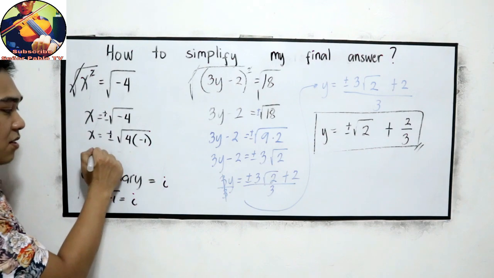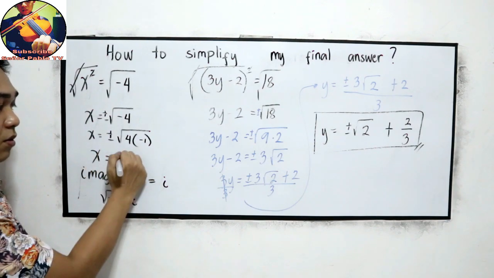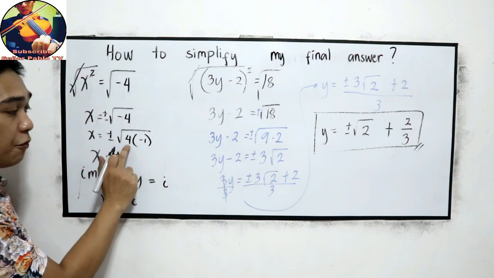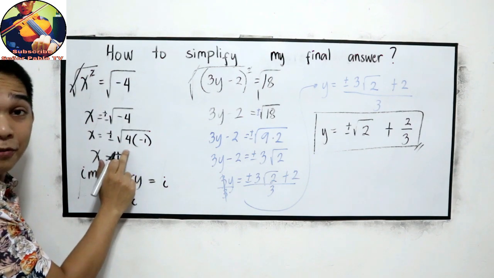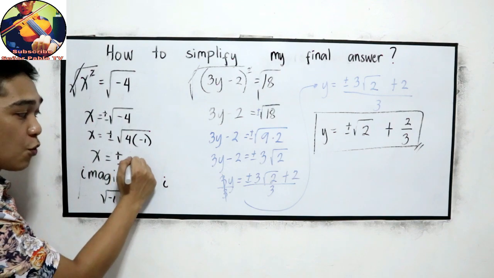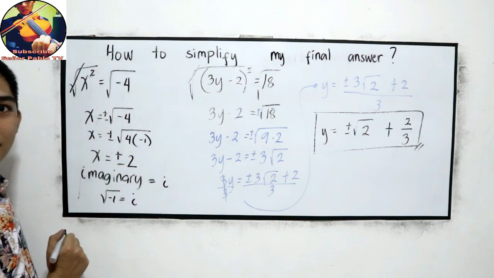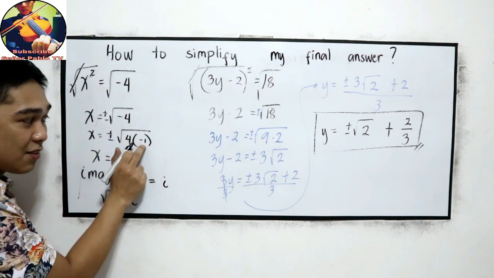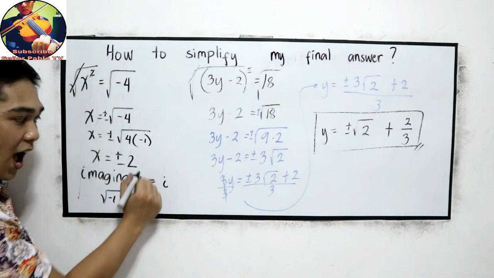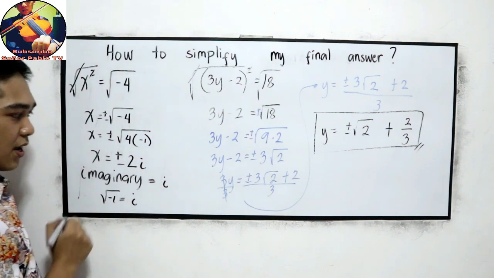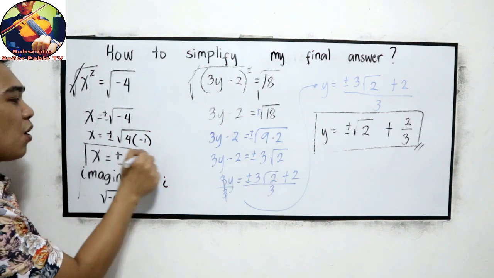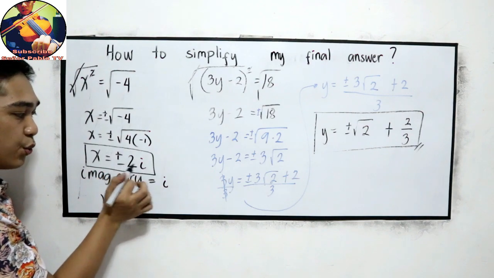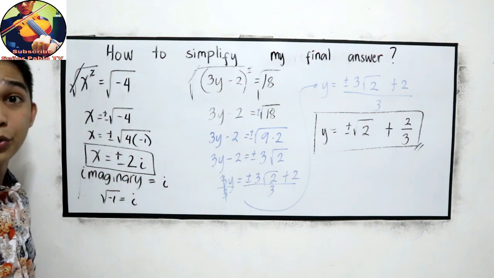Now our final answer is x is equal to positive negative square root of 4. 4 is a perfect square number and the equivalent is 2. Now we have square root of negative 1, that is i. So our final answer is positive negative 2i.